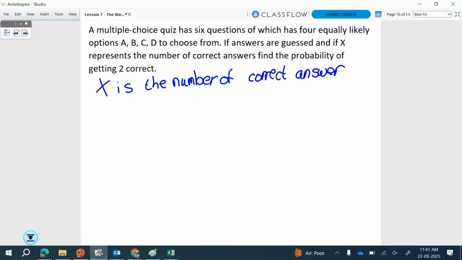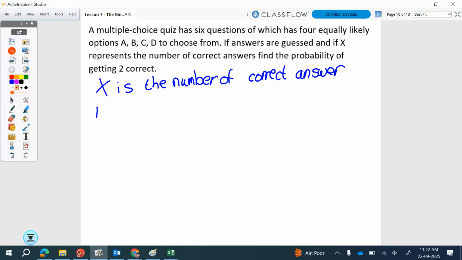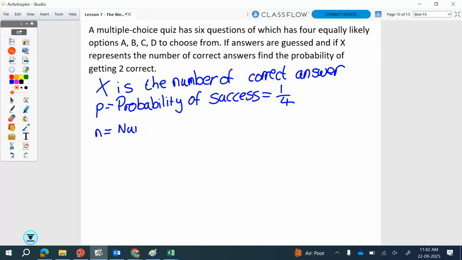We've got a multiple choice quiz. What is the probability of success in getting one right? 1 in 4. So the probability of success, I'll call that lowercase p, and that's going to be 1 out of 4. n is our number of trials.